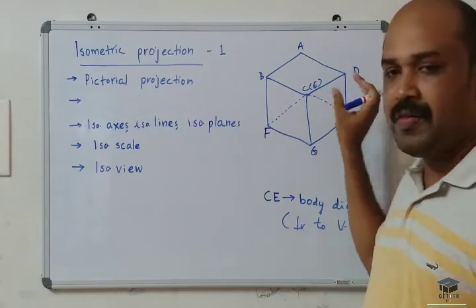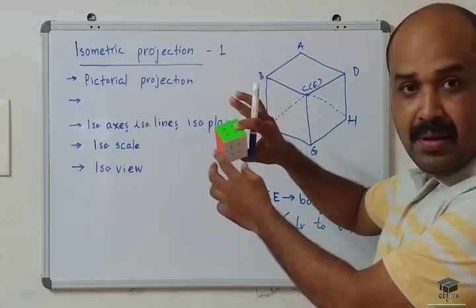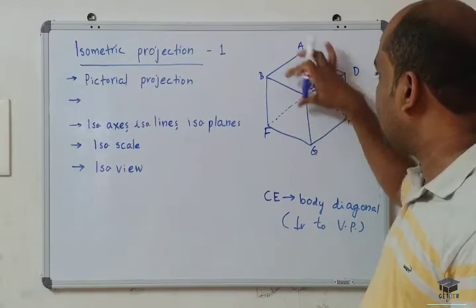So when you draw the front view of this cube in the given position, these three lengths are equal.